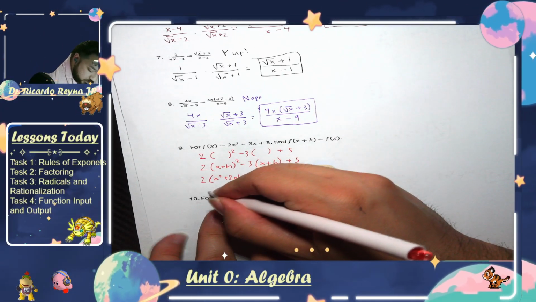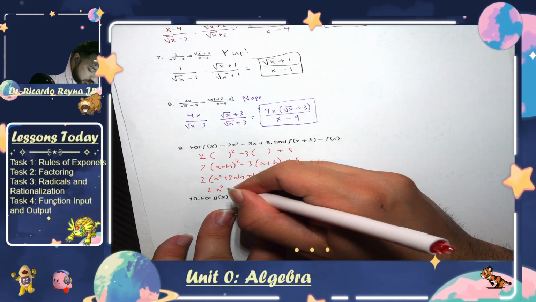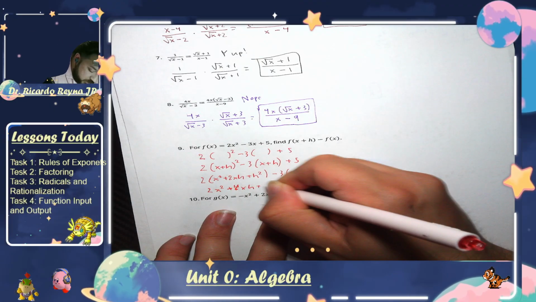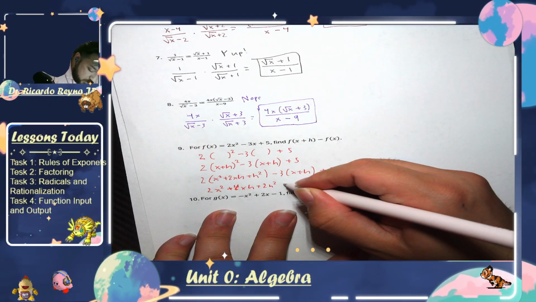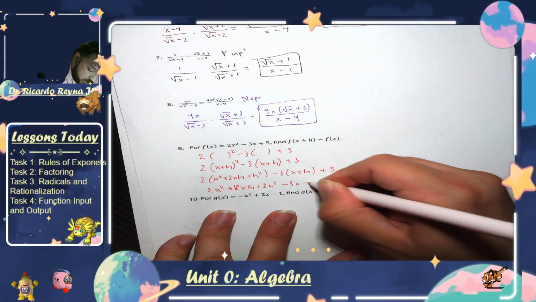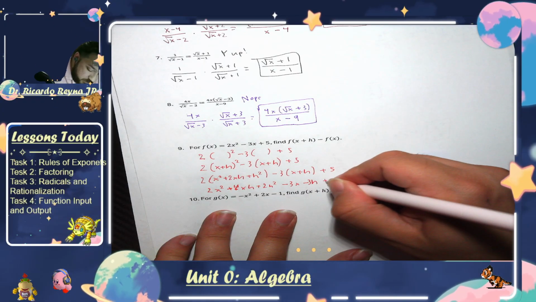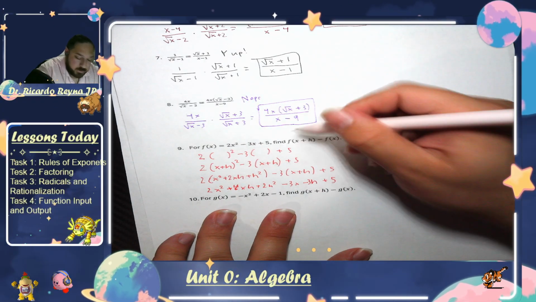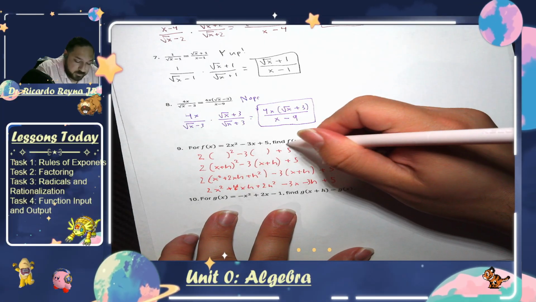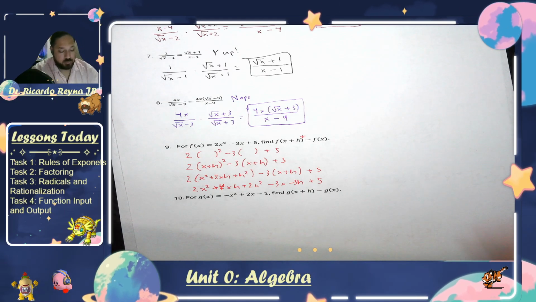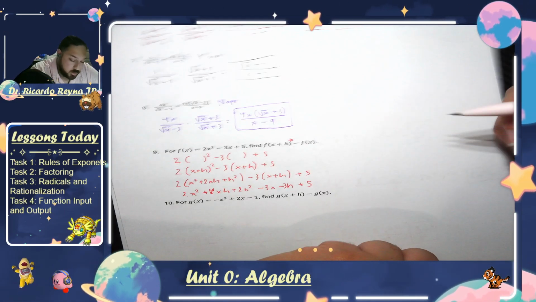We got 2x squared plus 4xh plus 2h squared minus 3x minus 3h, excuse me, and then plus 5. Okay, and that's all for this guy over here. So now we need to rewrite this whole expression.